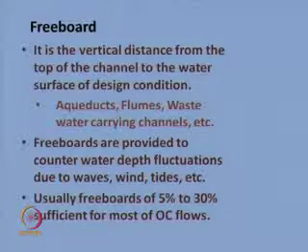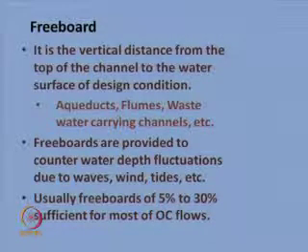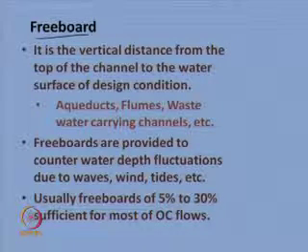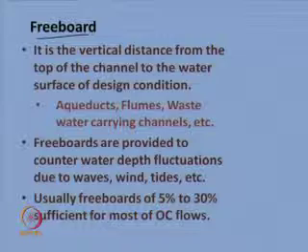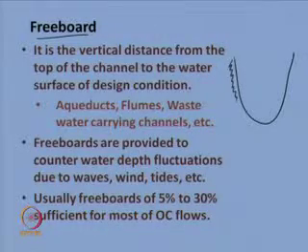The next design factor while designing the non-erodible channels was freeboard. What is meant by freeboard? Just consider a channel section.